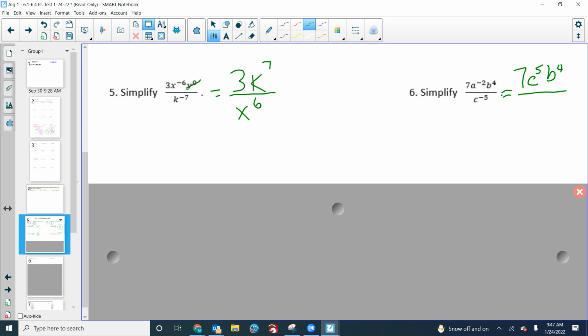On the bottom A to the 2nd. Good job. Now, can it be 7 B to the 4th, C to the 5th? Does it matter the order of the C to the 5th and B to the 4th? No, it does not matter. Matter of fact, it's usually alphabetical, but that's not going to be wrong on a quiz, guys. That's right.